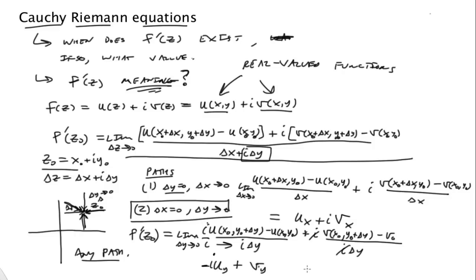Okay, so now let's see if we can write this out a little bit clearer. So I'm going to go to a new page. What we had there was that path 1. We found that f prime, when we take the limit, was equal to u x plus i v x.